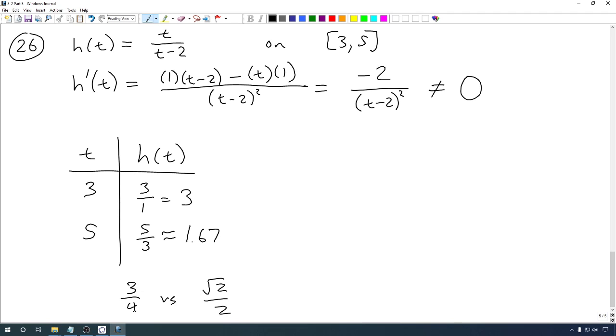It actually turns out the bigger one is 3/4. It's 0.75, whereas the square root of 2 over 2 is approximately 0.707. So 0.75 is a little bit bigger than that. But it's not obvious when we're left in these forms which one is the bigger and which one's the smaller. So this is definitely one case where I say using an approximation can be very beneficial.